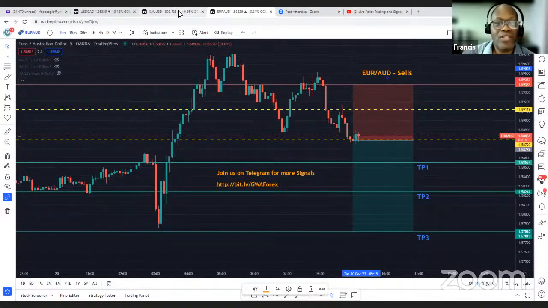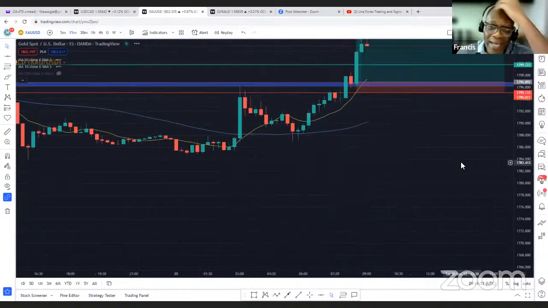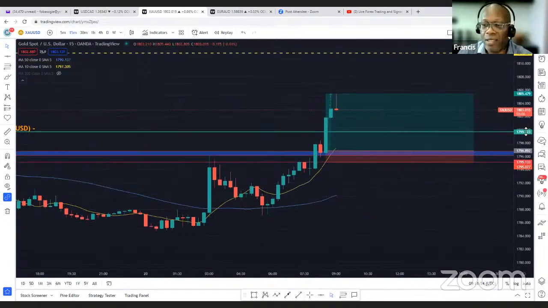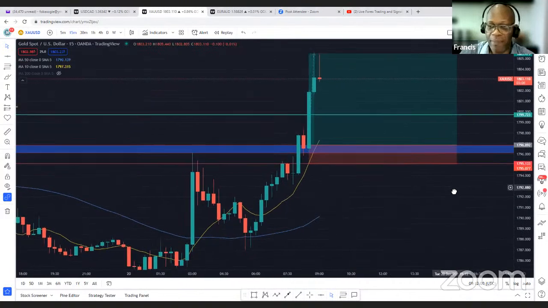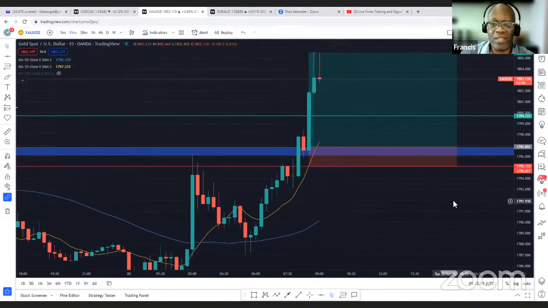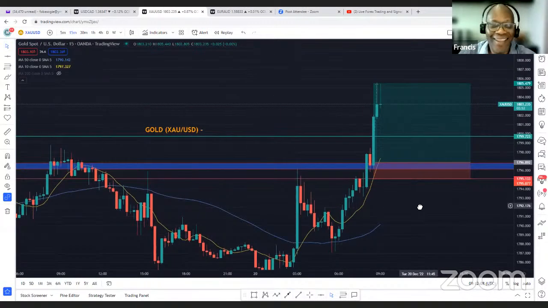Now, by the way, the question: did anyone enter this gold trade? Because I know what tends to happen when I'm analyzing the chart. Some people usually enter the trade anyhow, even though I'm not getting into it. But obviously, they could have seen something that I did not see, or maybe they are more risk tolerant.